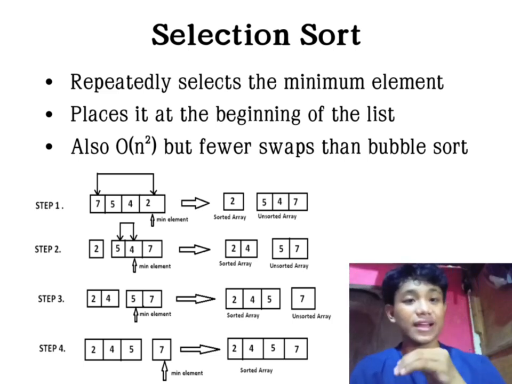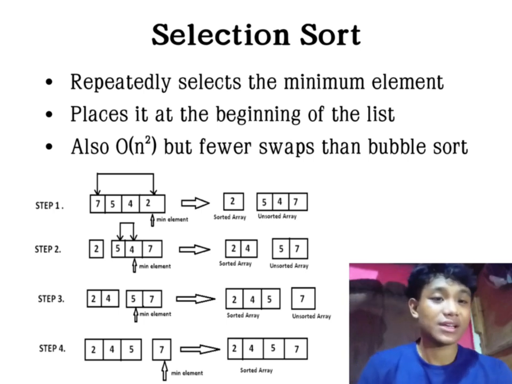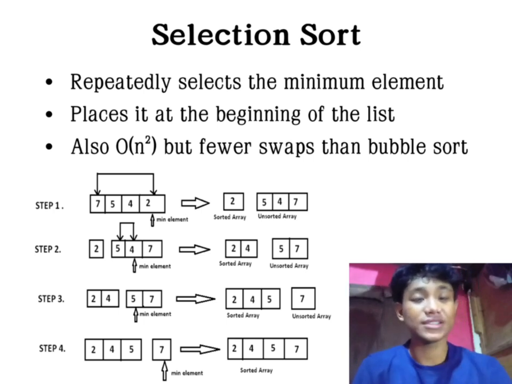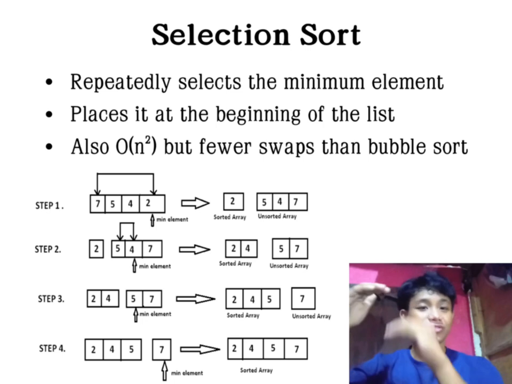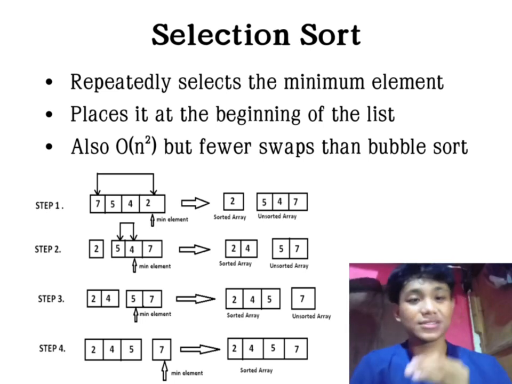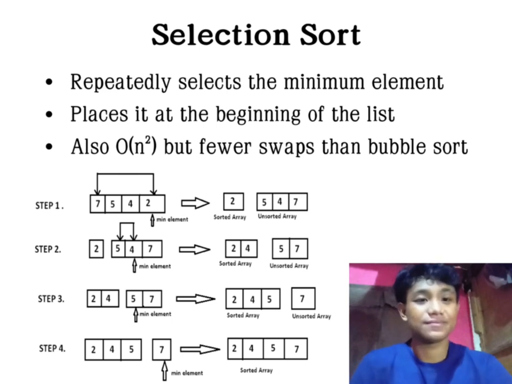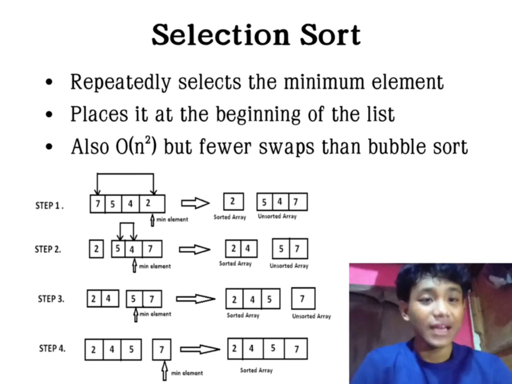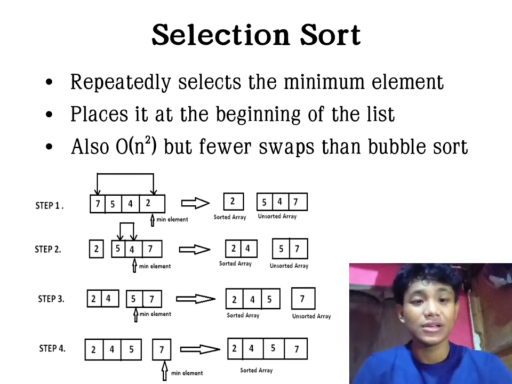Then it finds the next smallest number, for example the 2, for the second position. So it is sorting by selecting the smallest number to the biggest, and so on. It is also simple to understand but not very fast.